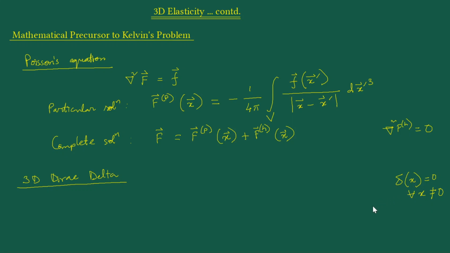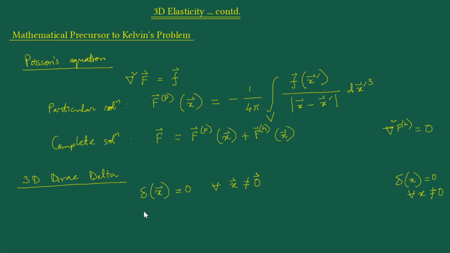I hope you all remember this from your undergraduate engineering mathematics. Now the only thing that we'll do here in connection with our discussion of the 3D Dirac Delta is to make this dependence not on x but on an x vector. That's it. And we'll say that this is true for all x vector not equal to 0, and you understand that this is actually like a 0 vector.